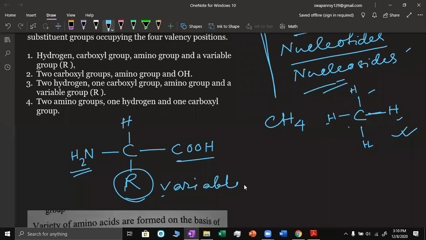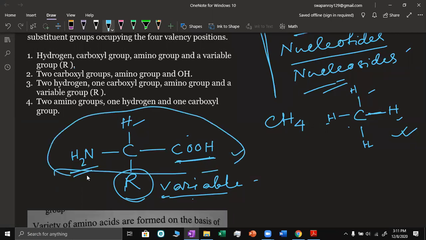In any amino acid, these three are fixed, and this one, R, is variable. Due to the change of this R group, there is a variety of amino acids. Otherwise, these three are the same.